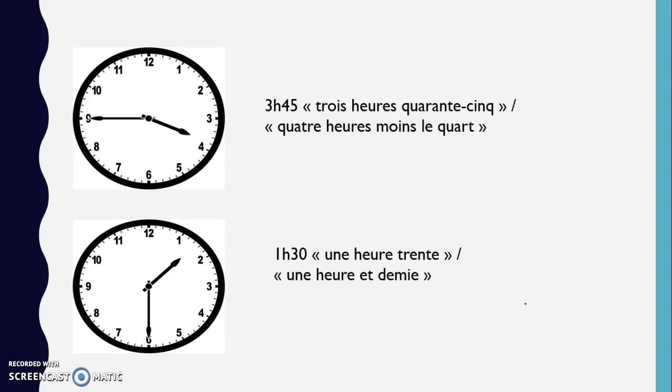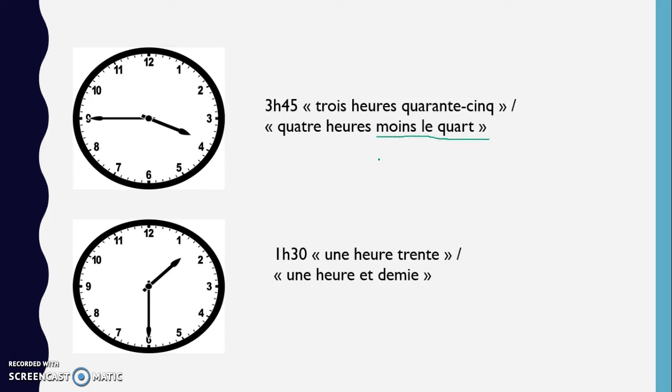If it's at the 45-minute mark of the hour, we can again just say 45. So you could say 3 heures 45, 3:45. Or we could say 4 heures moins le quart.